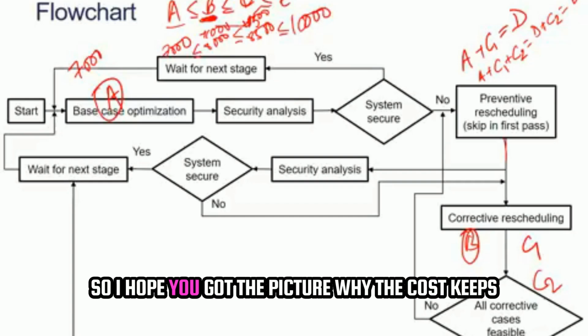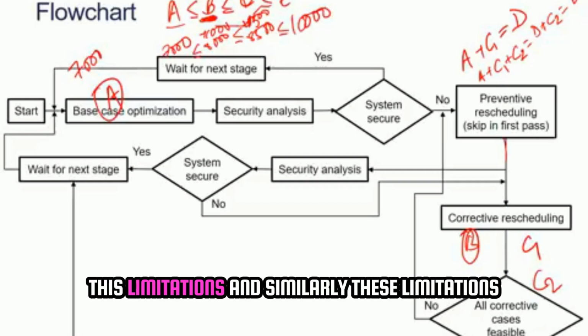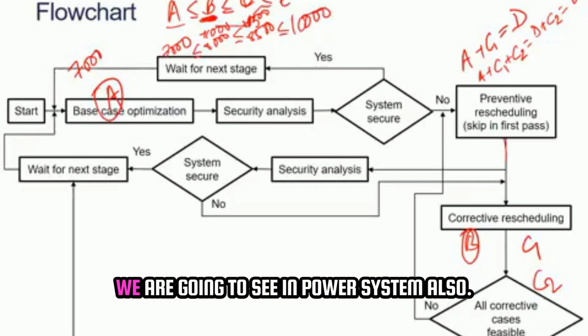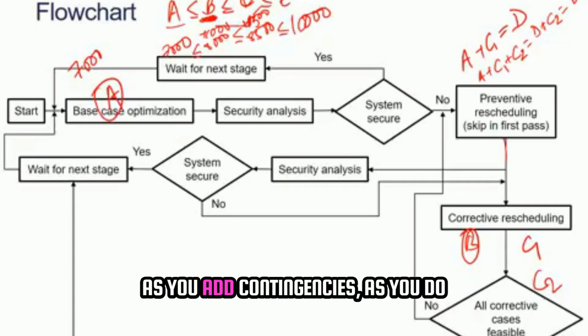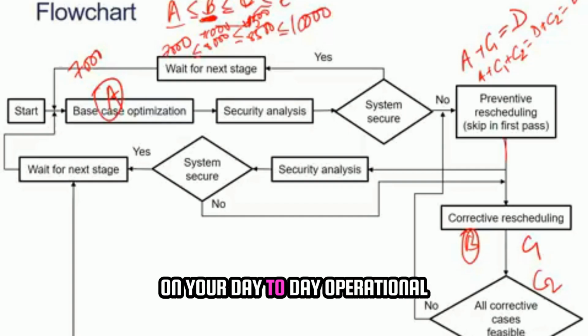Right. So I hope you got the picture why the cost keeps on increasing as soon as we add these limitations. And similarly, we are going to see these limitations in the power system also. As you add contingencies, as you do some corrective actions, there will always be an addition of cost on the day-to-day operational activity of the power system.